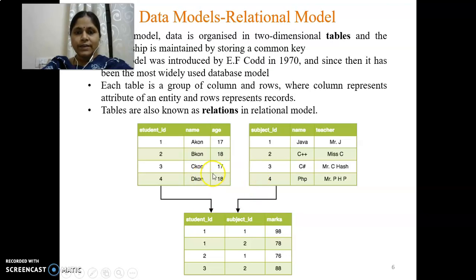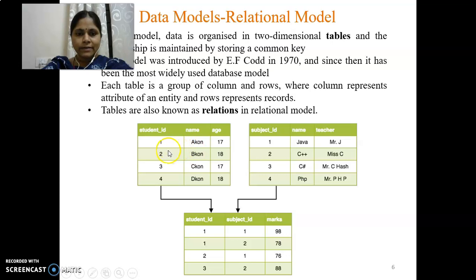So in this way, the two tables are related to each other through the third table. Suppose I want to find who is the teacher of the student BCon. Using this third table linkage, we can get the access. How will we get BCon's teacher?